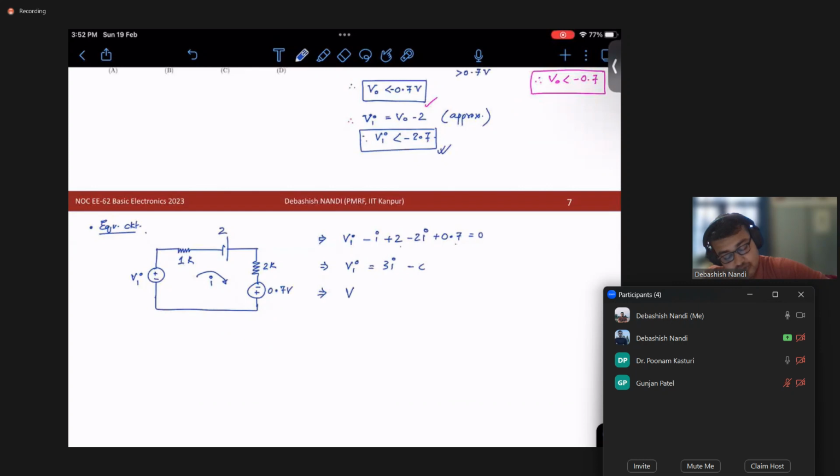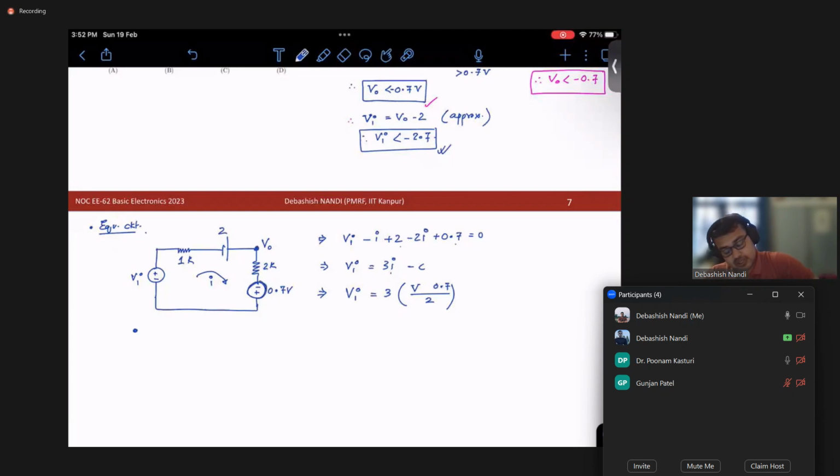How can you relate I to V naught? How can you replace I in terms of V naught? Is it minus 0.7 by 2?